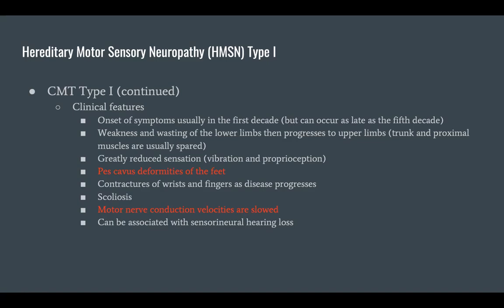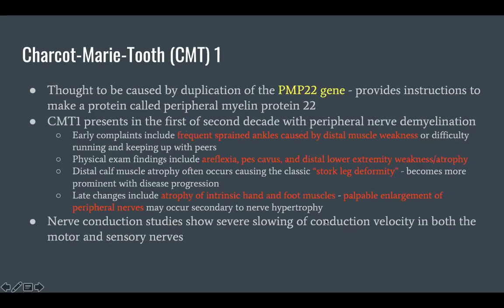And because we have lack of sensation, motor function is also going to be impaired because we're not getting that signal across. And if it's in the ear, it can be associated with hearing loss. Okay, so we're not to that yet, but we will get there. They can also have, because of distal calf muscle atrophy, that stork leg deformity. I think that's it. Frequently sprained ankles because of the weakness as well.